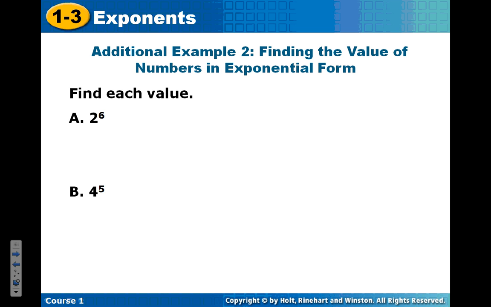Somebody tell me what the value of A is. And nobody say 12. If you said 12, what is the problem? What would you have done wrong? Two times 6. It is not 2 times 6.